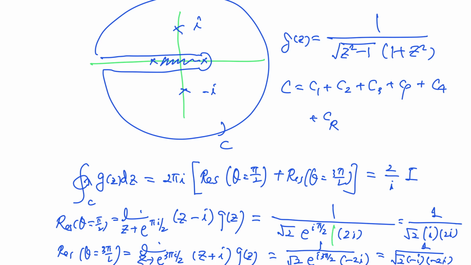So this part actually comes from this. Z minus I, Z square, Z goes to I, is Z goes to I, Z plus I, right? 1 over 2I.